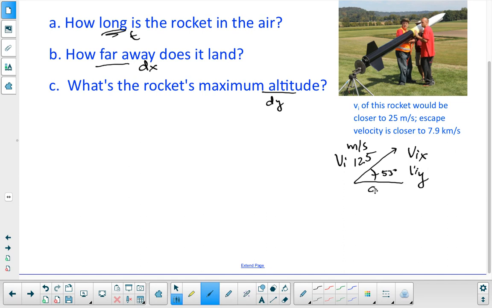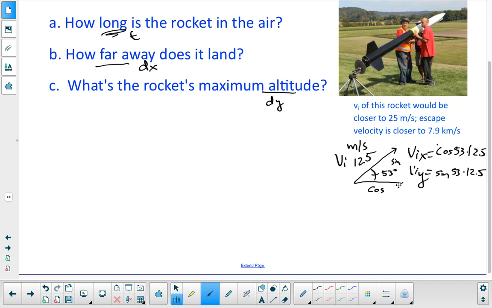This is our adjacent side, so this is going to be cosine. This vertical side here is our opposite side, so that's going to be our sine. If we're trying to find our VIX, we're going to do the cosine of 53 degrees times 12.5. And VIY is going to be the sine of 53 degrees times 12.5.